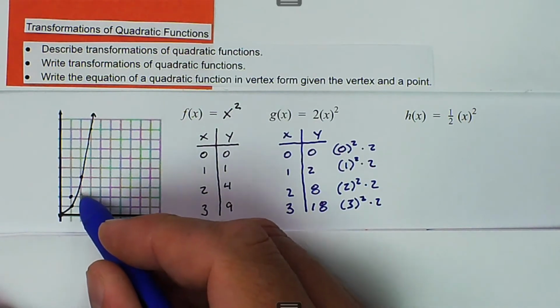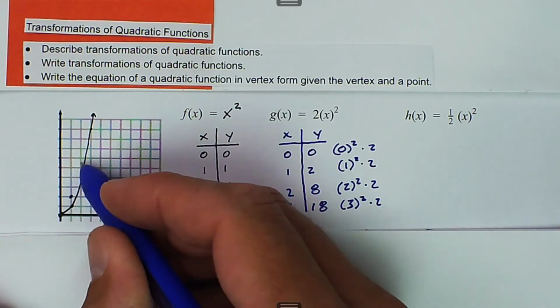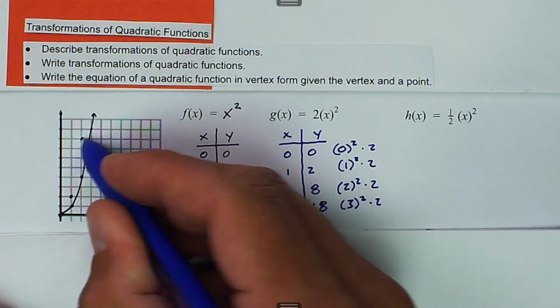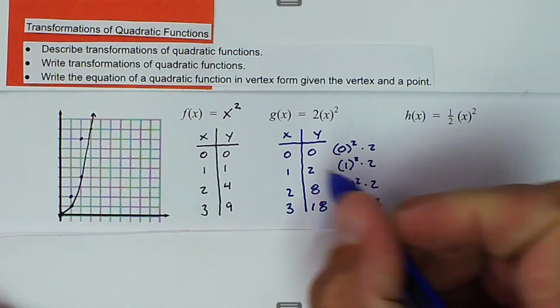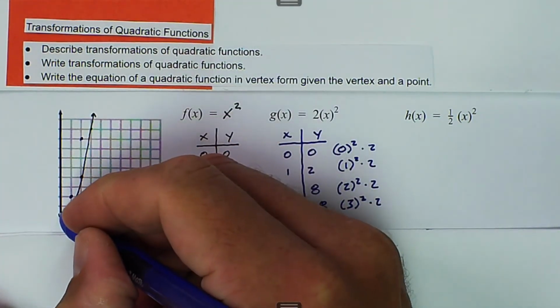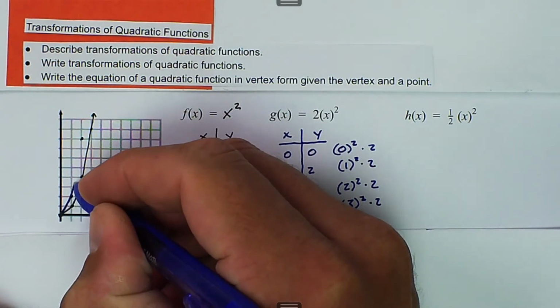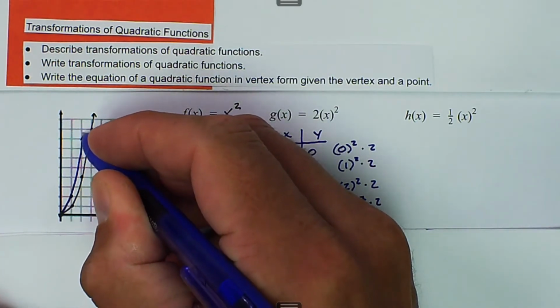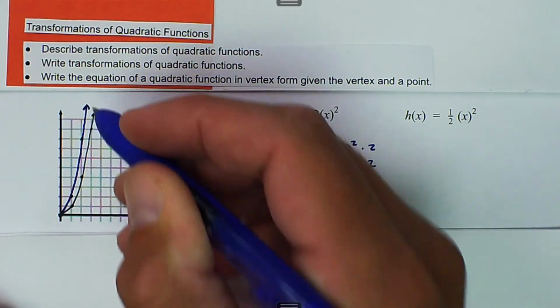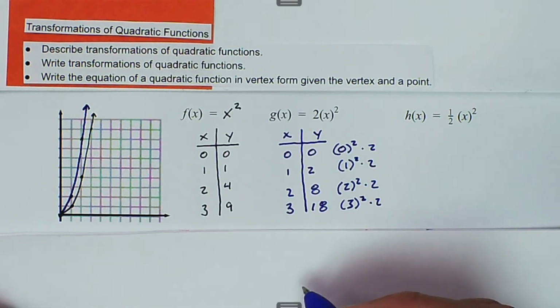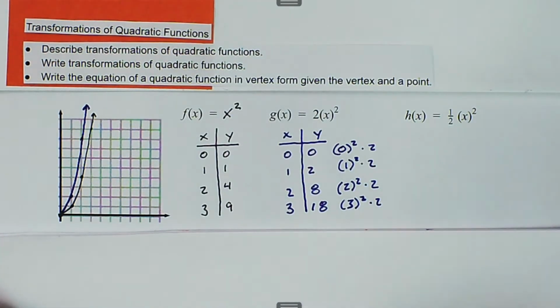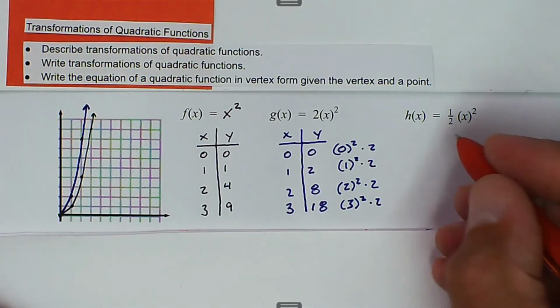So we go up 8. 1, 2, 3, 4, 5, 6, 7, 8. And then 3, 18 is off of our graph, so we can't graph it. But we can see that that 2 out front scales the parabola so that it grows twice as fast in the vertical direction. And then we can look at what it means for 1/2.